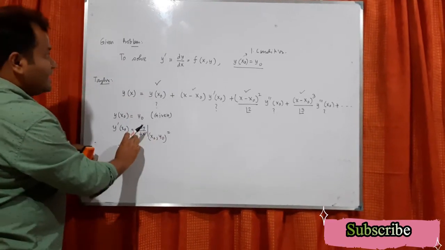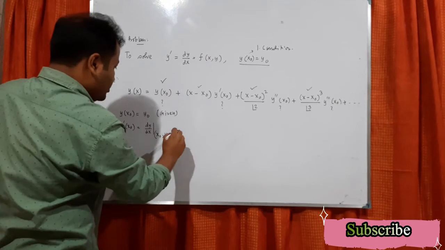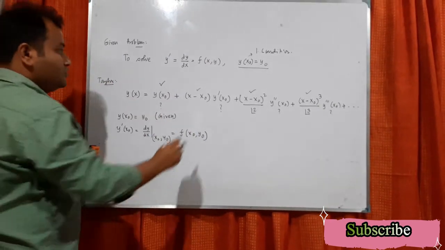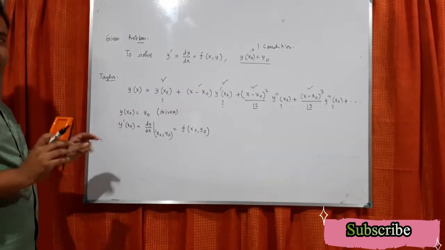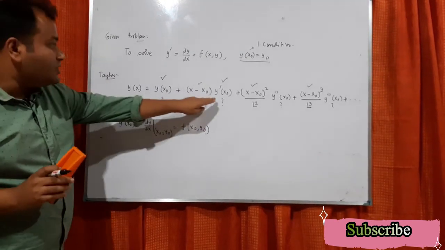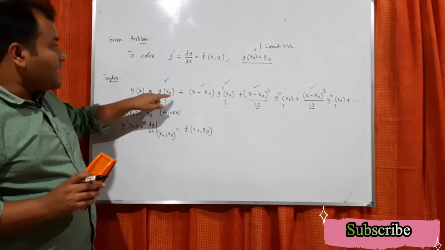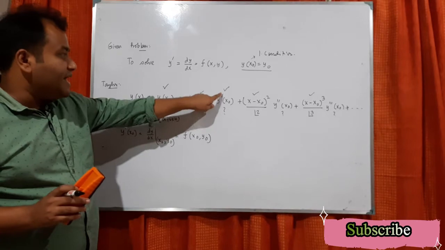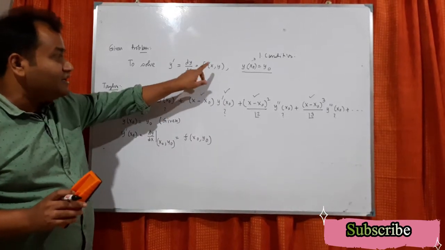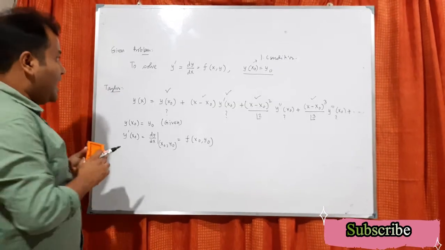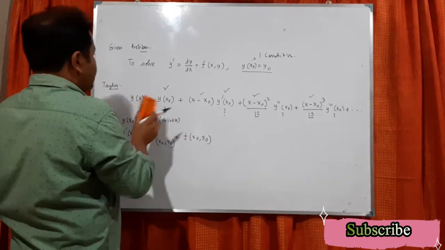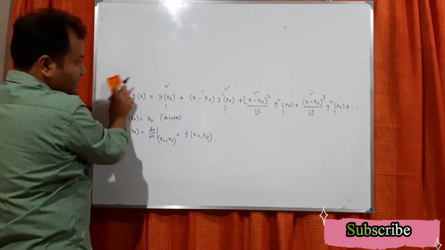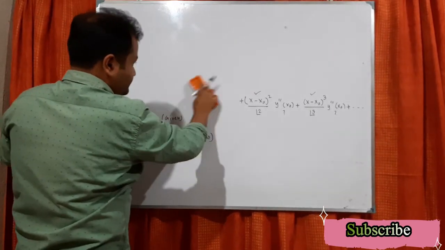Now what is dy dx? dy dx is f, so this will be f of (x naught, y naught). So the first two terms there is no doubt. You can get y of x naught directly from the condition, and y dash of x naught you get from the main differential equation.